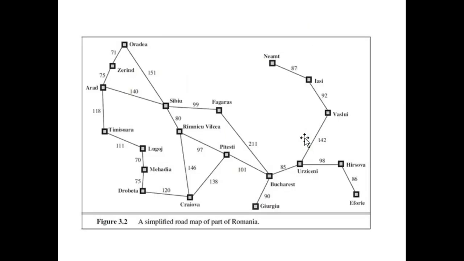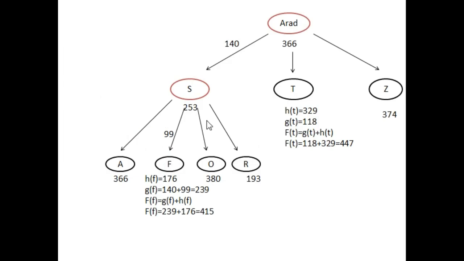Look at this graph again. The distance between A and T is 118. So the distance between the initial state and that state is g of x, which is equal to 118. So here just look at this point, that g of t is 118 and h of t is equal to 329. We just add up these two values, which is equal to 447.